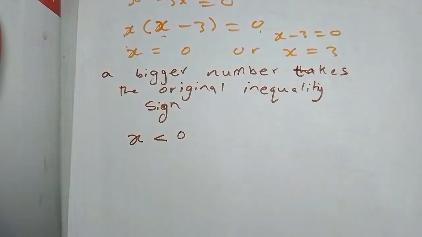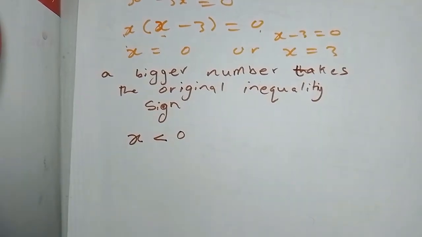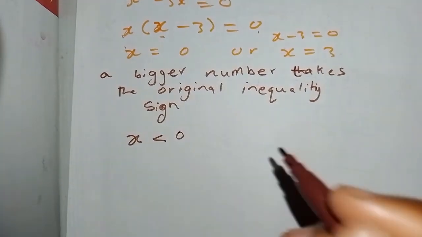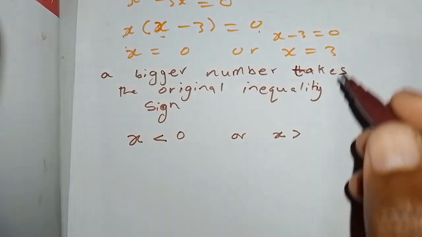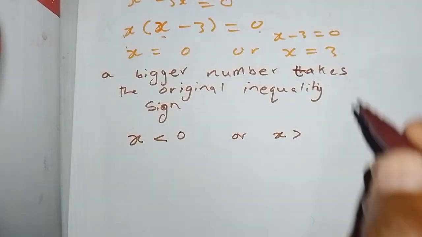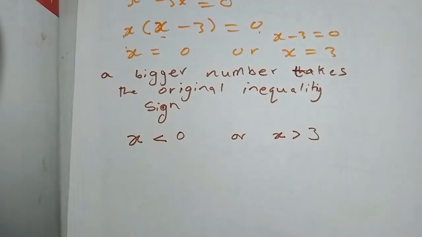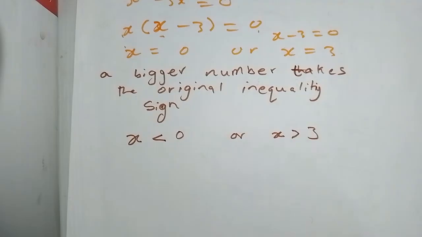Why? Because 0 is the smallest amongst the two. Or x is greater than 3. There. Now, that is my answer.